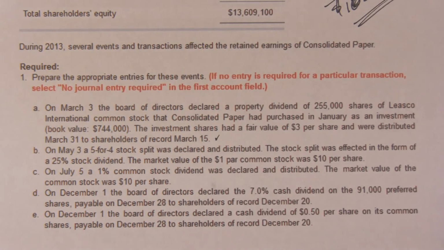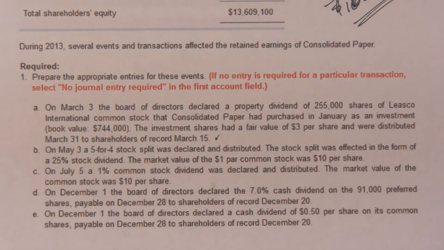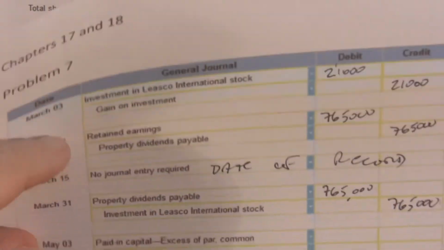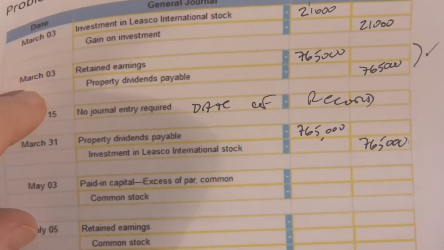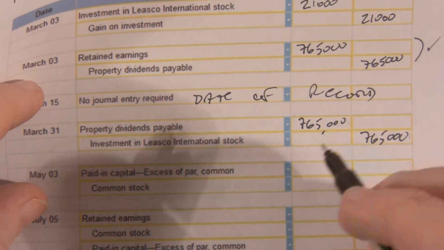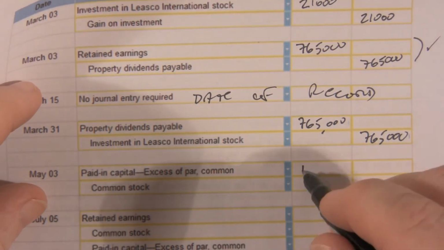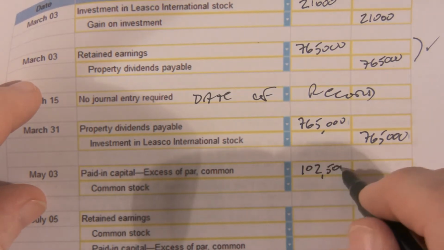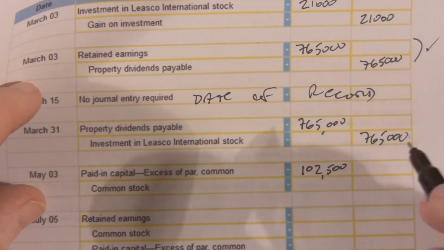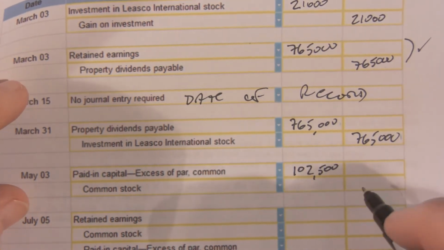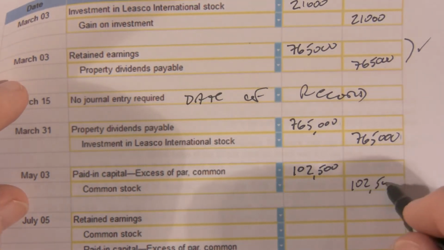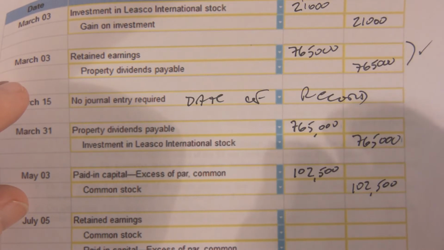So we will recognize that. We're going to reduce paid-in capital by 102,500, and we're going to recognize 102,500 in common stock.